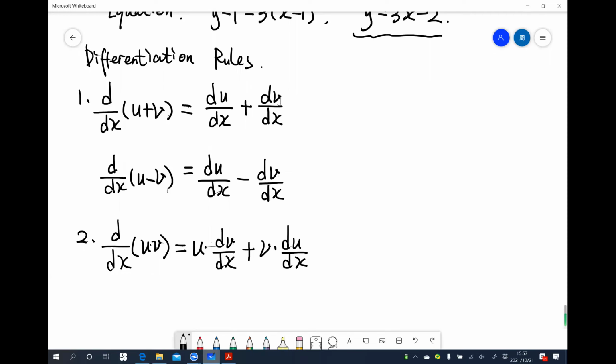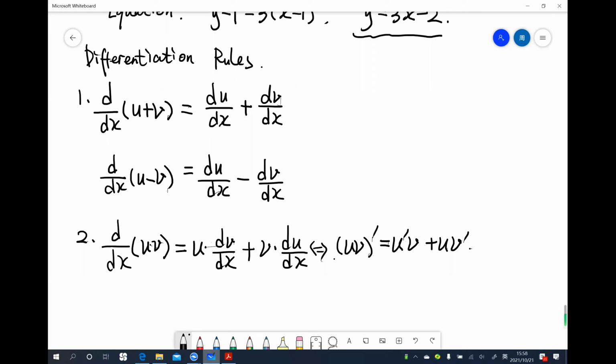And if we use the prime notation to write it, we write (u times v)' equals u prime v plus u v prime. Laoshi, I have a question. This one, sorry. Which one?